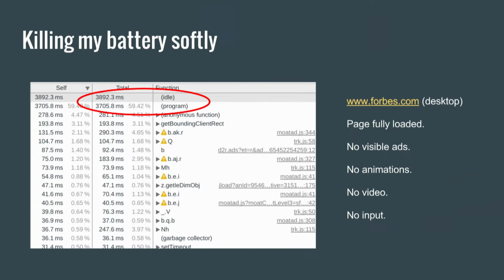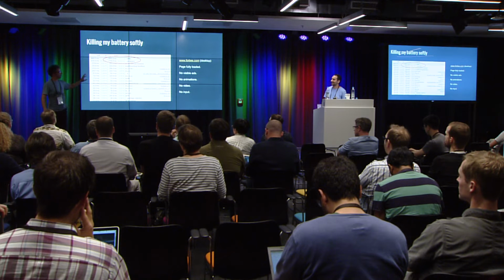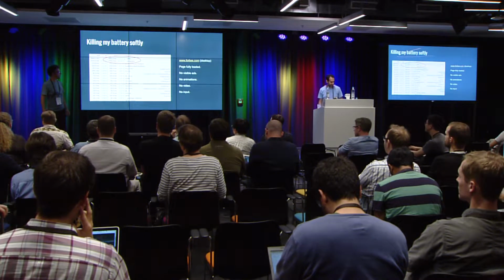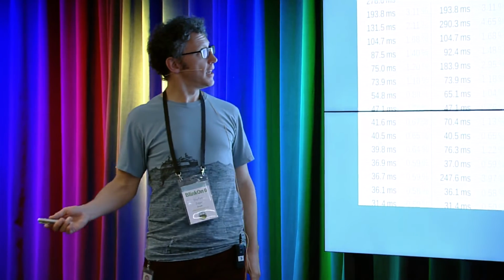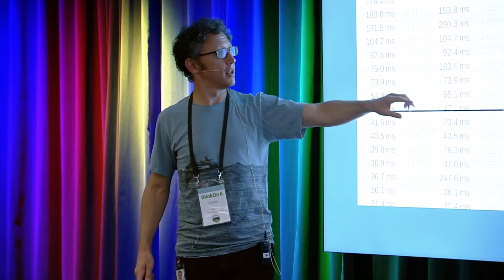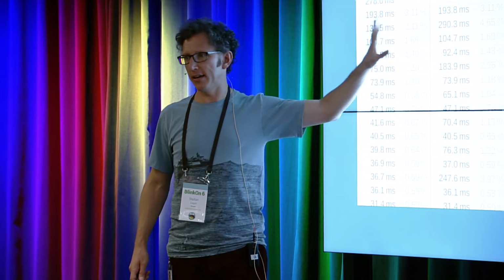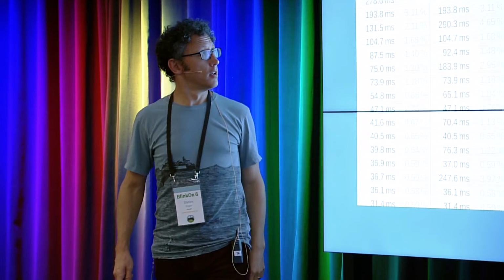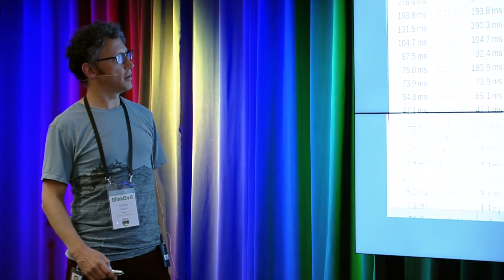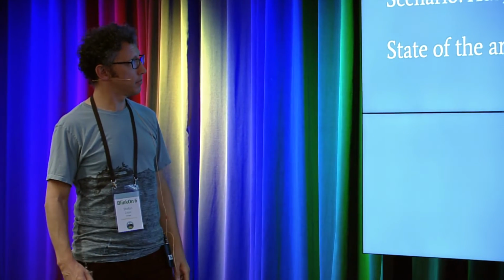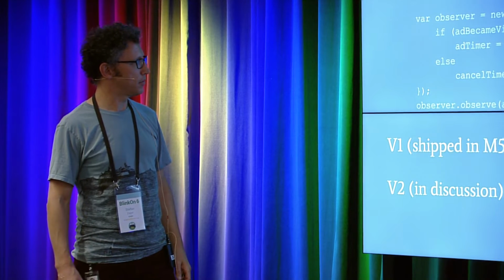A lot of these slides are plainly derived from his previous presentations on this topic. Kenji did a deep dive into Forbes.com specifically and found that of all this script that's running, the great majority of it is calculating the visibility of ads. So we have reason to think that Intersection Observer can make a big dent in this problem.